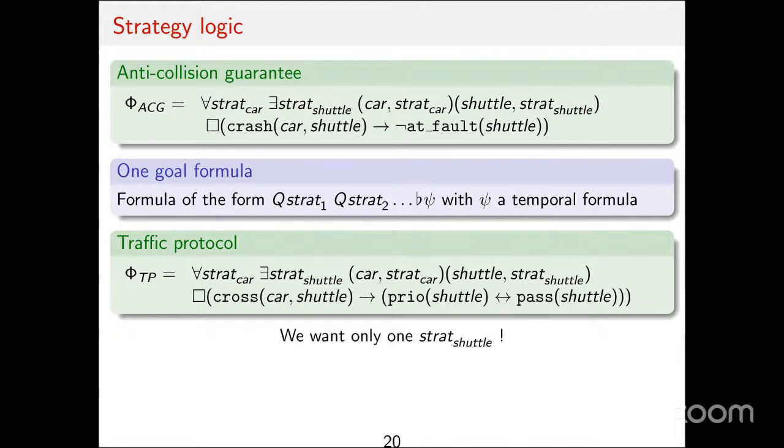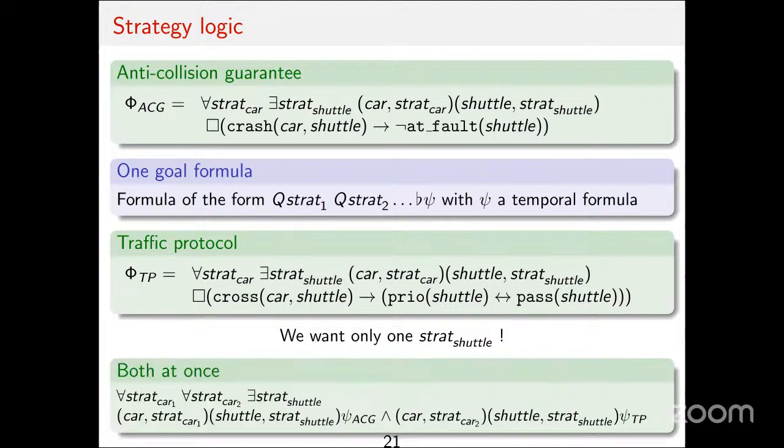We want to have one strategy for the shuttle that satisfies both formulas, and it's there that the binding can shine, because we can make this formula in strategy logic, where we quantify twice on the strategy of the car, but only once on the strategy of the shuttle. And what we do is we say, if the car plays the first strategy, then the shuttle must satisfy the anti-collision guarantee.